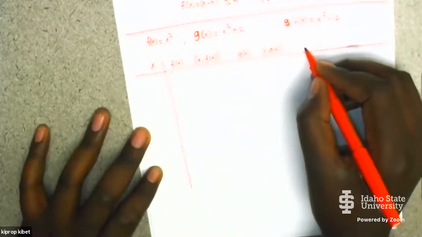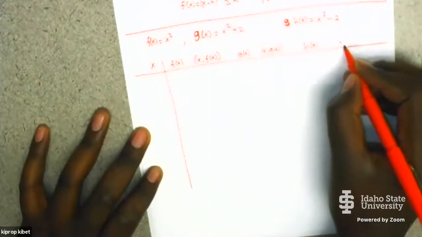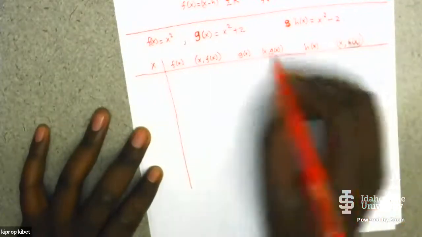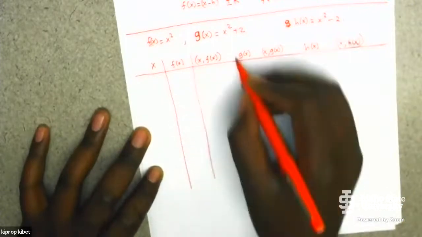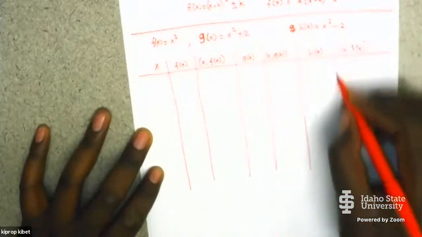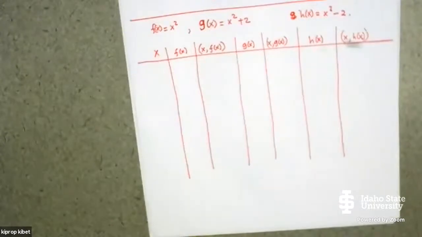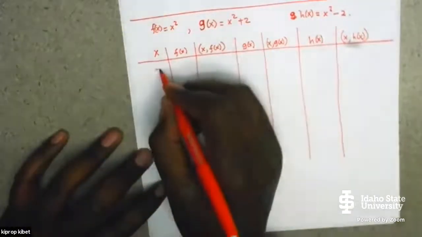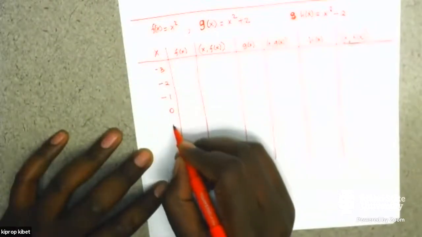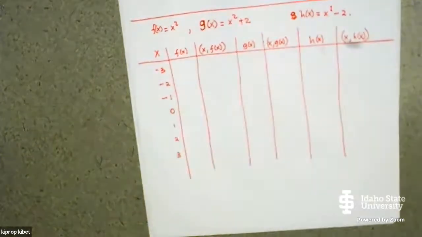And then we have h of x, and we want x, h of x. And then we plot the three polynomials. We can start from -3, -2, -1, 0, 1, 2, 3.